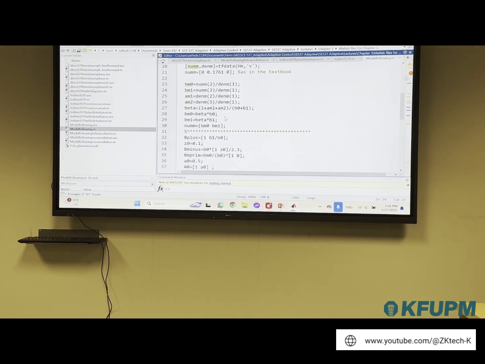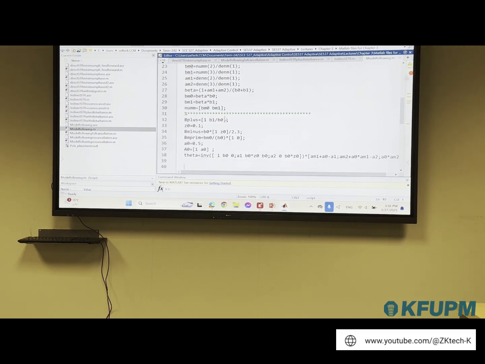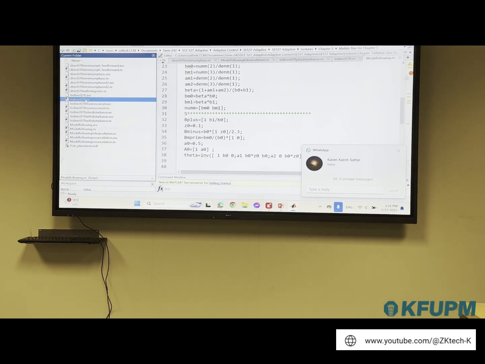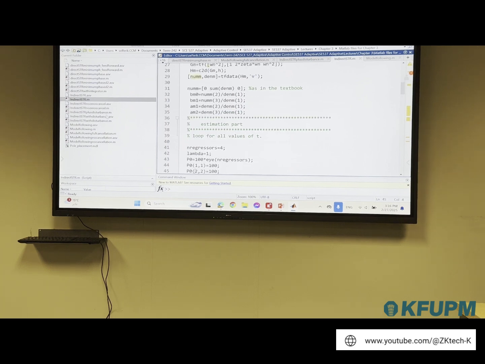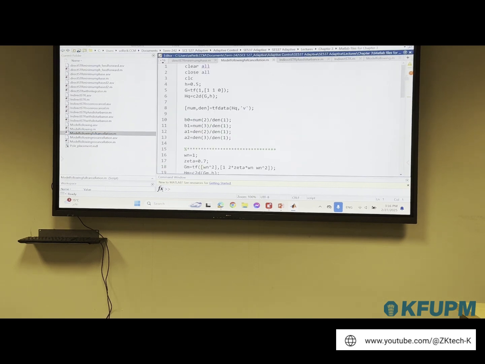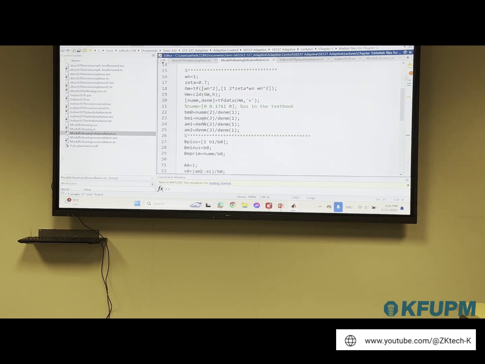Then I compute what should be B plus and what should be B minus. This is another example, I'm so sorry, but this is the one.